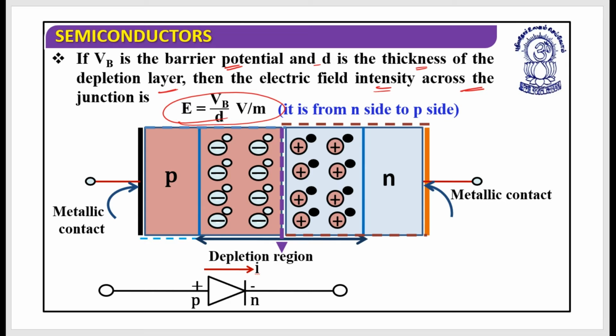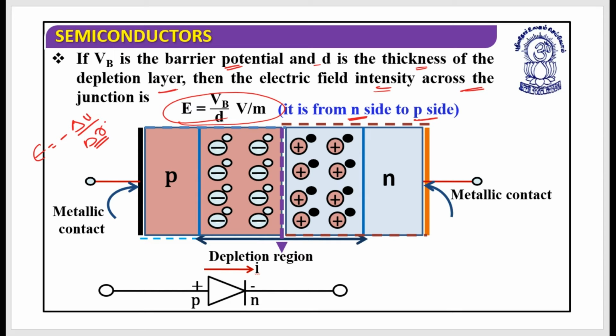We have the relation E = -ΔV/Δr, the same relation we are using here. The direction of the electric field is from the N side to the P side. So this is the depletion region. I hope this is clear.